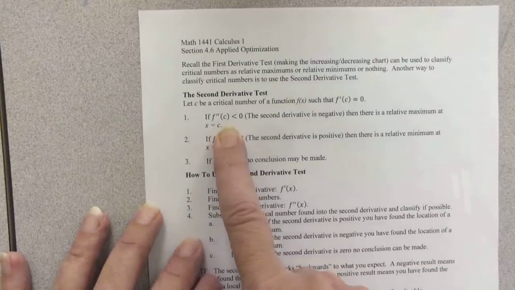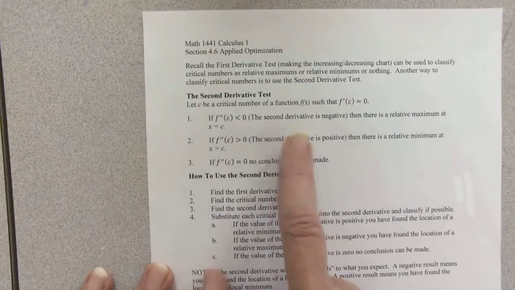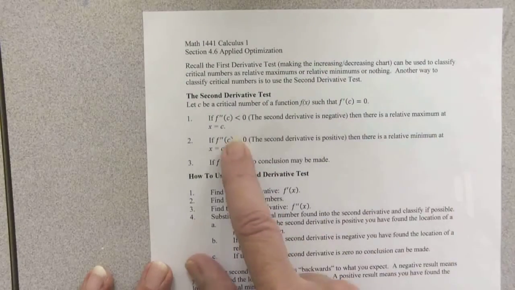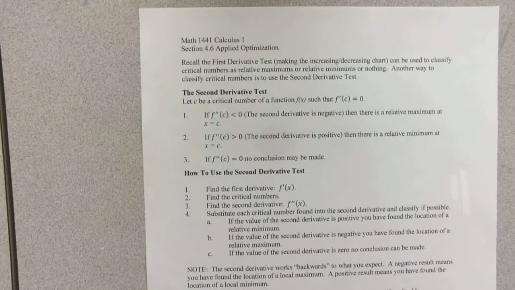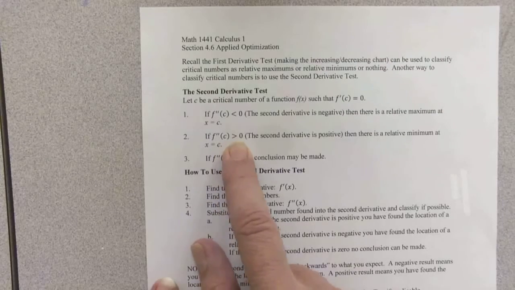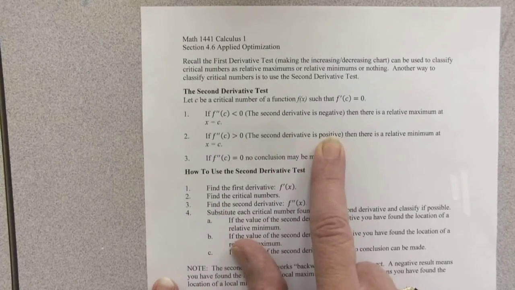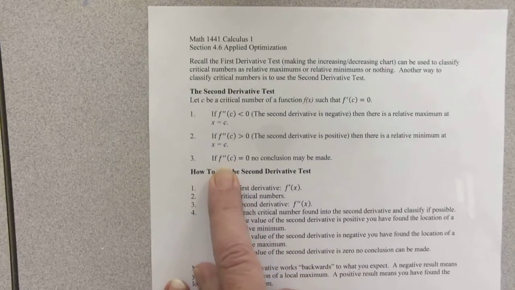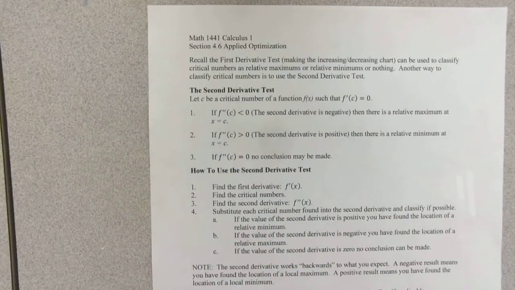If f double prime of c is less than 0, the second derivative is negative, then there's a relative maximum at x equals c. If you like the word local, local maximum. If f double prime of c is greater than 0, the second derivative is positive, then there's a relative minimum at x equals c. And third, if f double prime of c equals 0, no conclusion may be made.